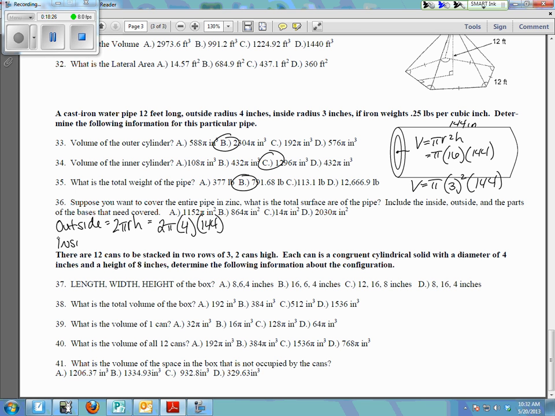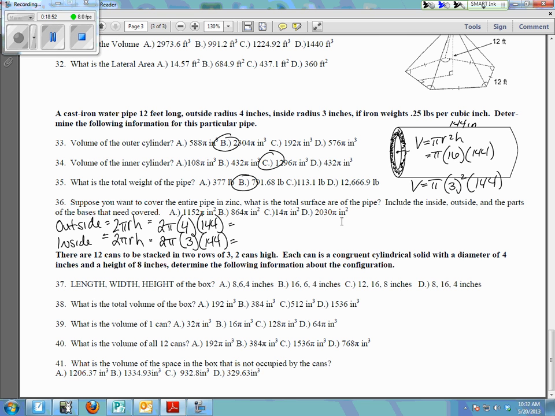The inside lateral area, again, is 2 pi rh. It's going to be 2 pi. Radius now is 3. Height is 144. I'll come back and actually use our calculator and find out those values in a minute. We also need to cover that area there, which is going to be the outer base minus the inner base.